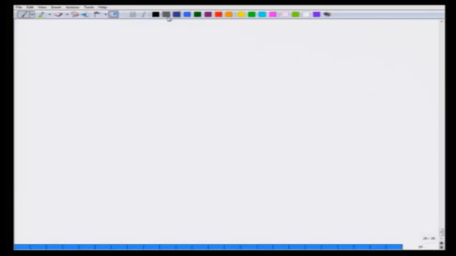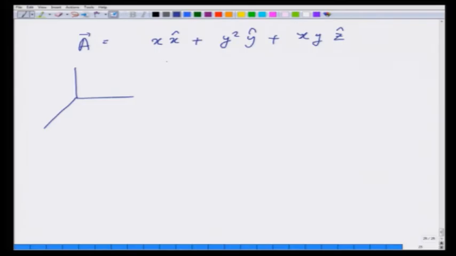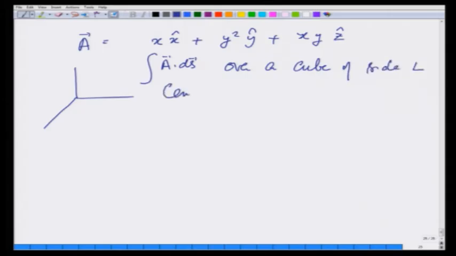Next, again I take an example for divergence theorem, where I am going to take A to be equal to x x plus y square y plus x y z, and again I want to calculate its integral A dot ds over a cube of side L centered at the origin.